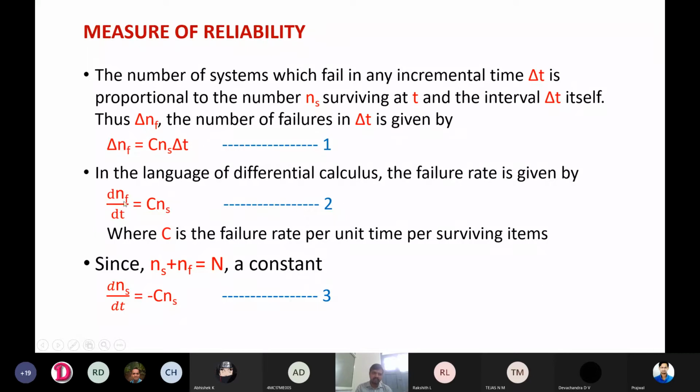Here there is NF; instead of NF you are using NS and making it negative. The reason is the relation between NS and NF, which you can relate with a negative sign. Since NS equals N minus NF, based on that we write equation 2 as dNS by dt is equal to minus CNS.